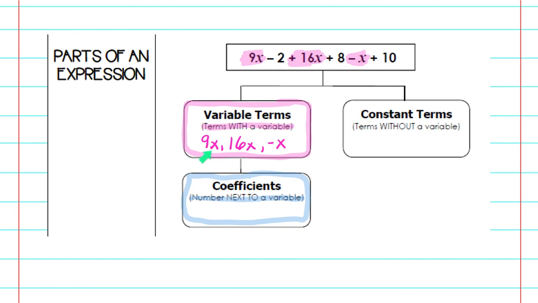On this variable term, 9x, the coefficient is 9. The coefficient of 16x, the number in front of the variable, is 16. And on negative x, the coefficient, the number in front of the variable, is going to be negative 1.